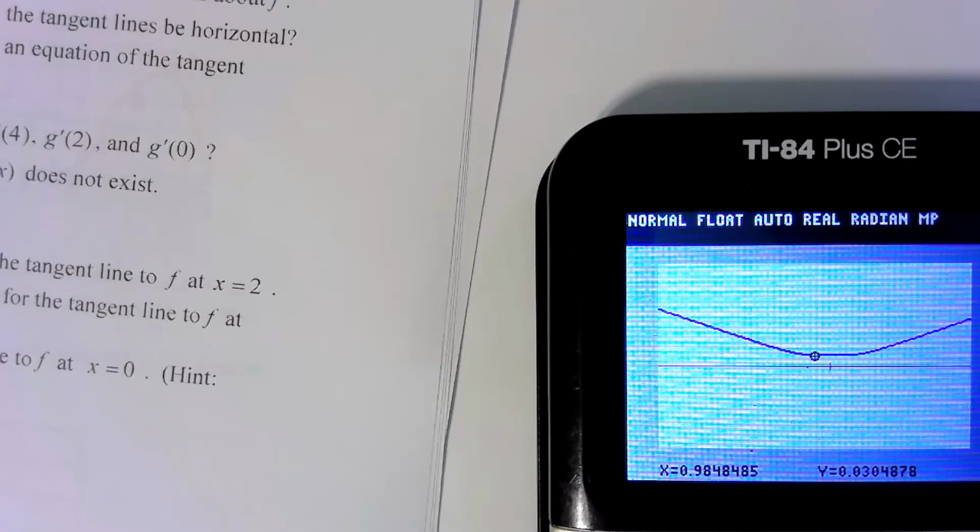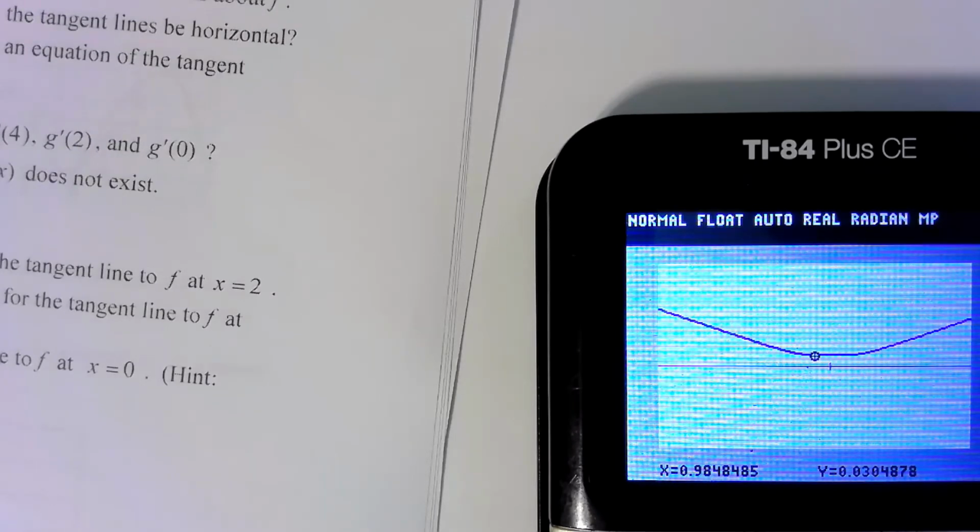And I urge you that every time you graph something on that calculator that looks like there's a sharp corner in it, you trace to that value or around that value, and you keep zooming in, 2-3 times, just to make sure, because sometimes first looks are deceiving, and that is not a corner. So I would say that the derivative exists everywhere on this function.